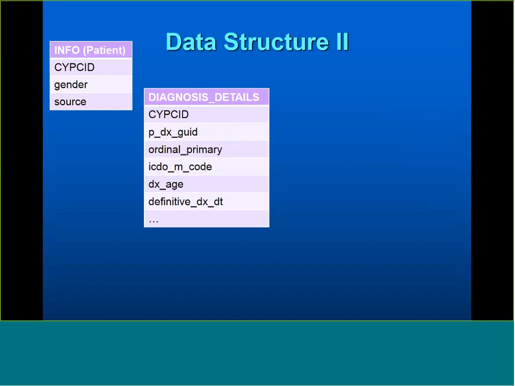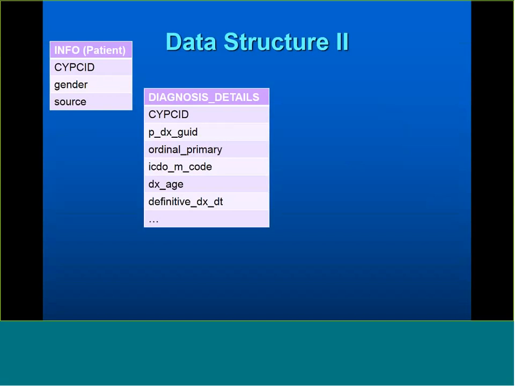And then there's a diagnosis table that we have, and in this diagnosis table there's one record for every diagnosis for the population that we're interested in. And again here you'll see that the CYP C ID is repeated. There's a patient diagnosis GUID, which is a GUID. There's an ordinal primary number that tells us whether this is their first, second, third cancer.